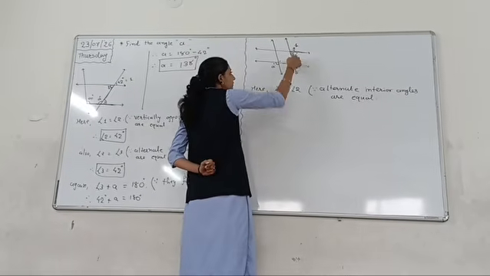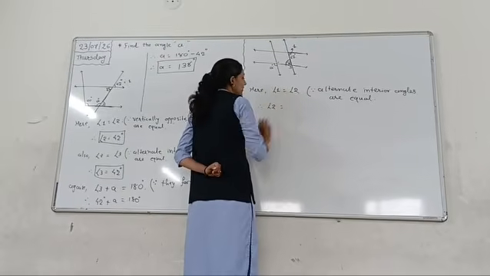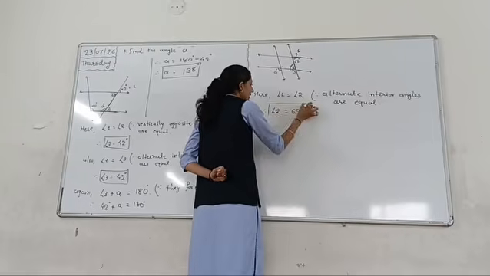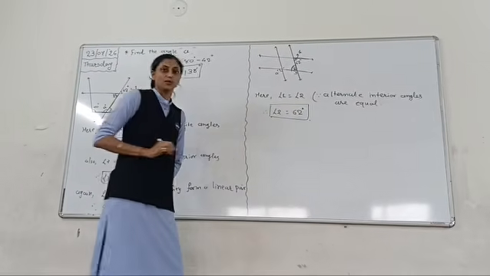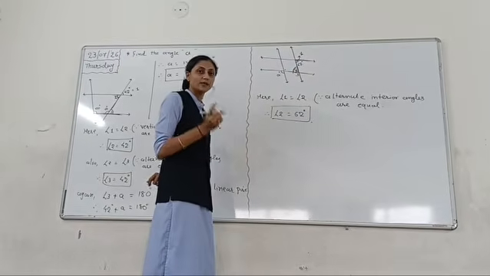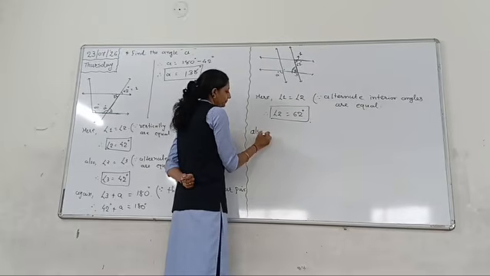We have been given angle 1 as 62 degrees. So what is the value of angle 2? What is the measurement of angle 2? That is again 62 degrees. Now 2 and 3 again form a linear pair, so we will use that property.